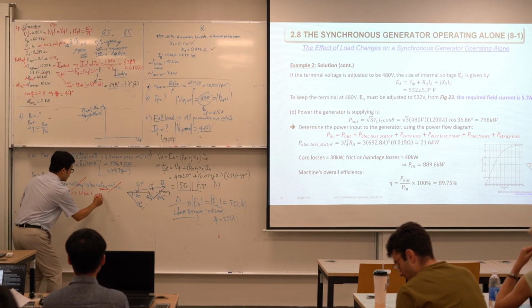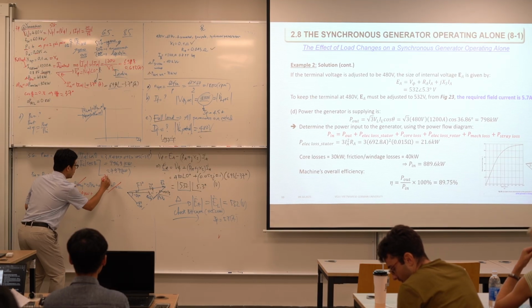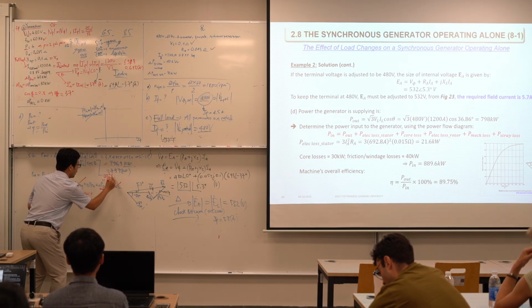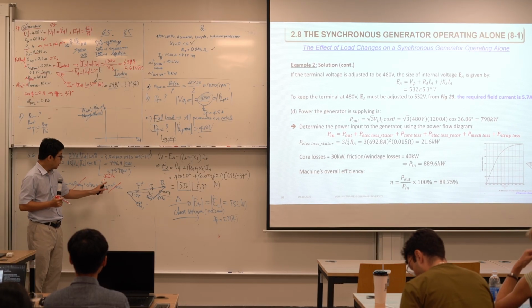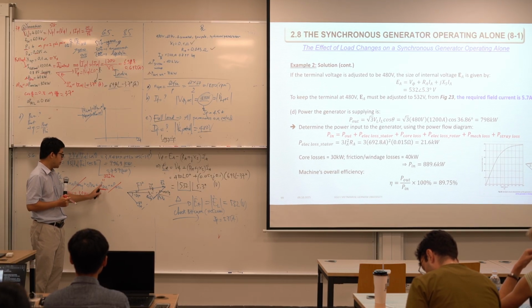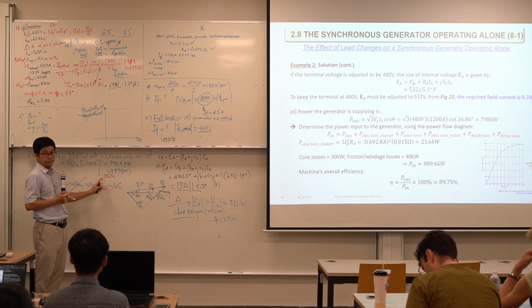So this one equals what? 3 IA squared RA. Because we have three phases: phase A, phase B, phase C. So when we calculate the total power losses from the stator winding, we need to have 3. So this is multiplied by 3.